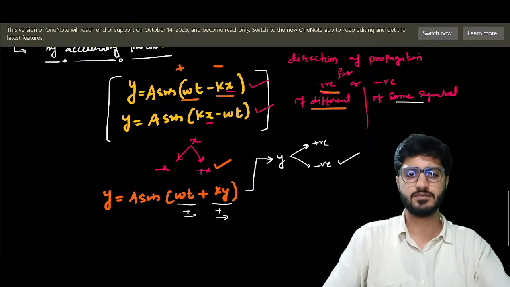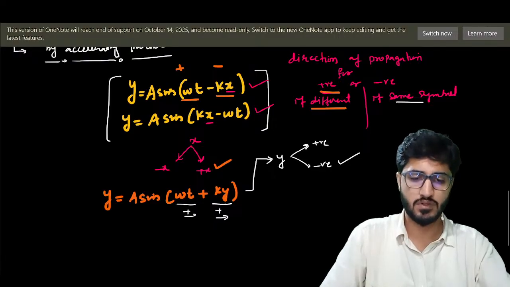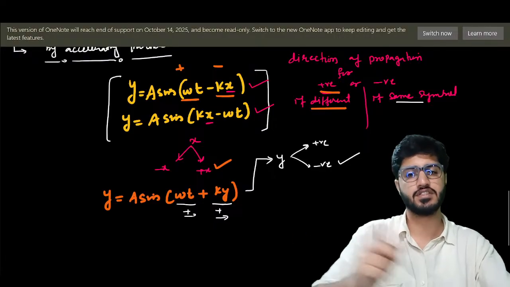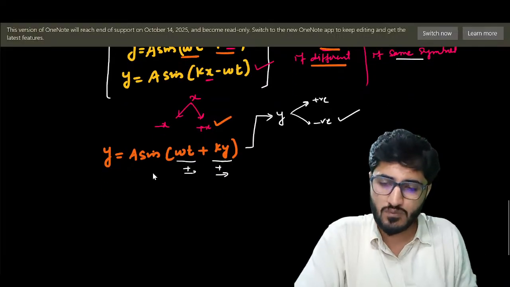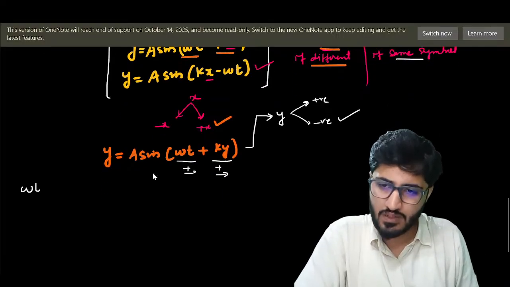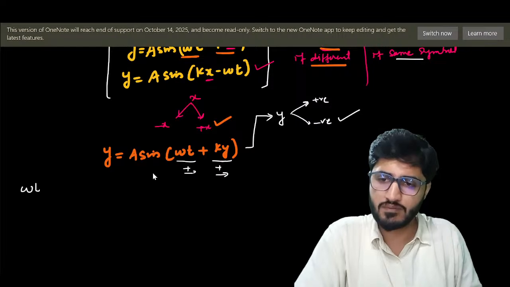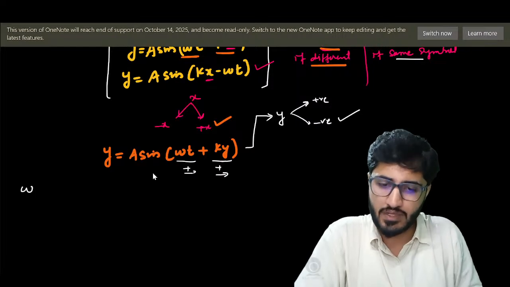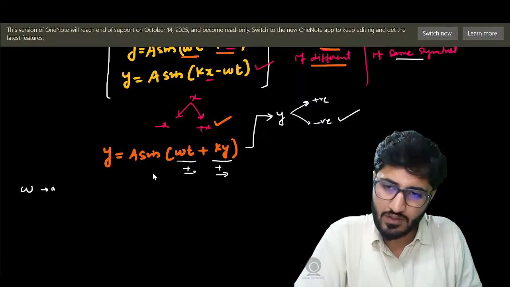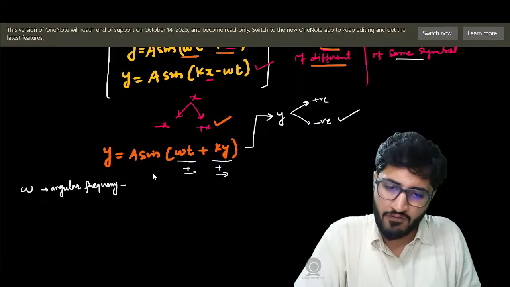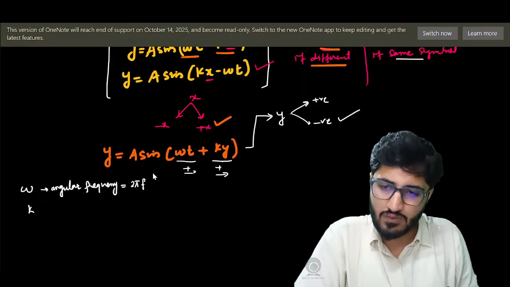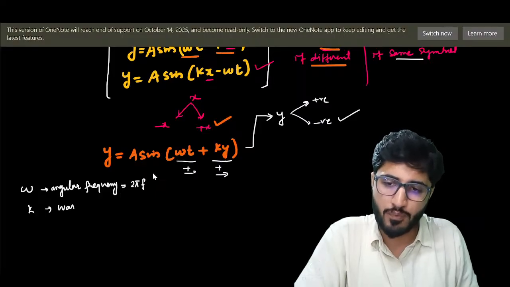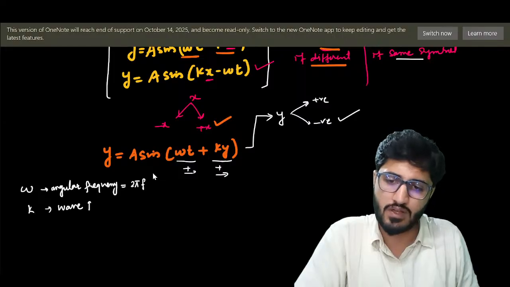Then let us understand the equations now. What is omega here? Omega means angular frequency, which equals 2 pi f. What is k?